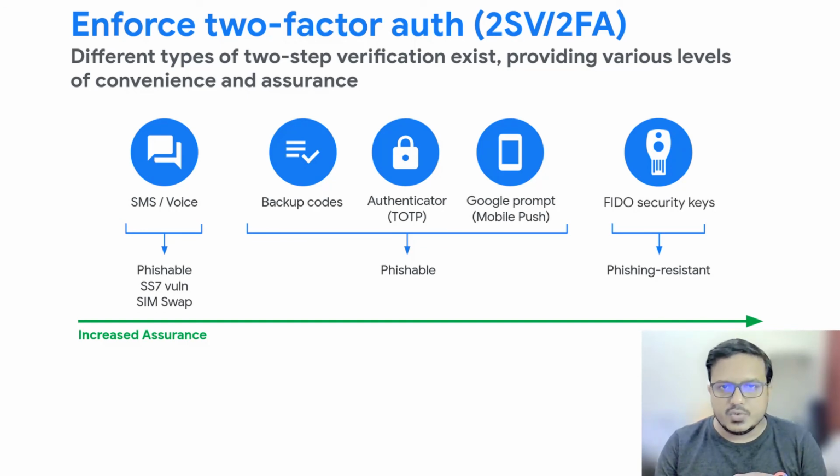There are also ways where you can have backup codes with you and use them. There is another way where you can have push notifications asking, are you the right person? That push notification comes to your mobile device and you accept it or deny it.